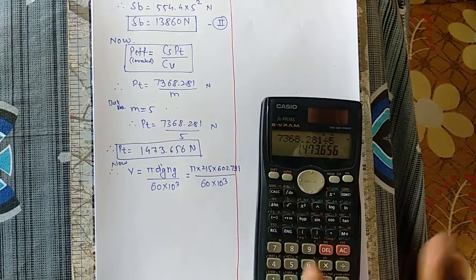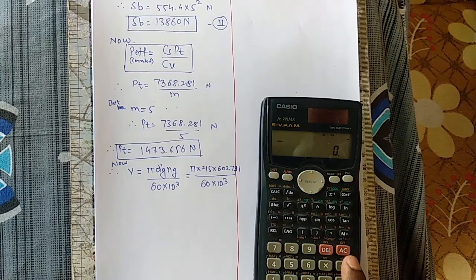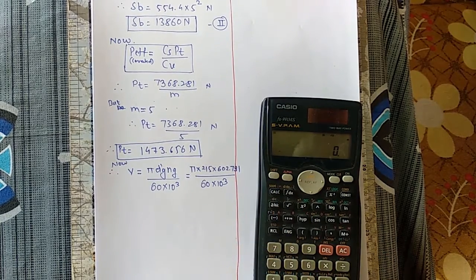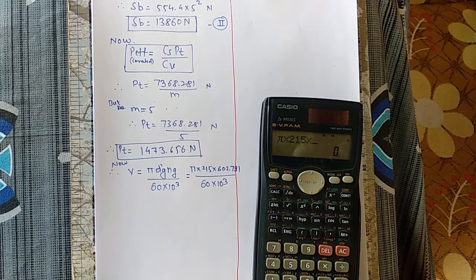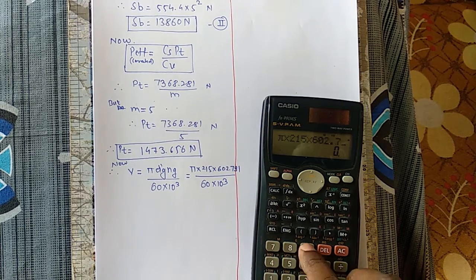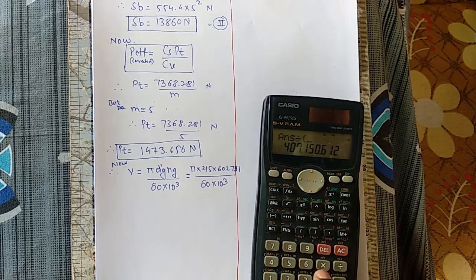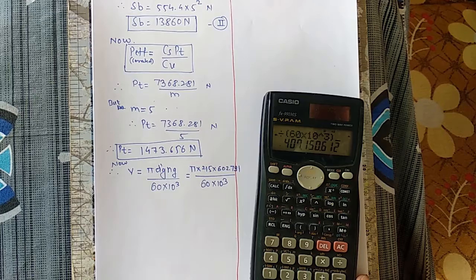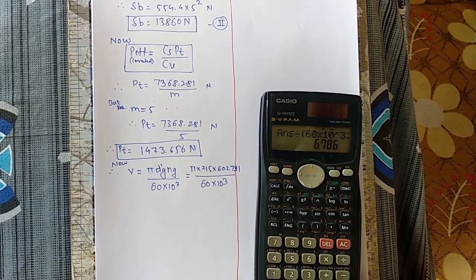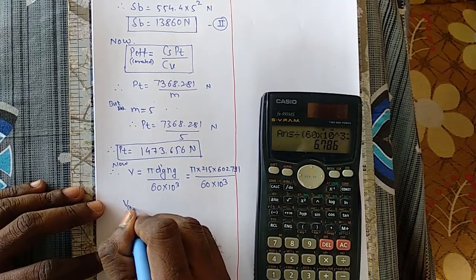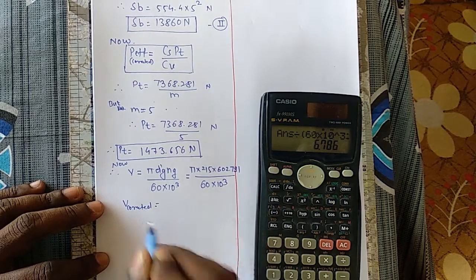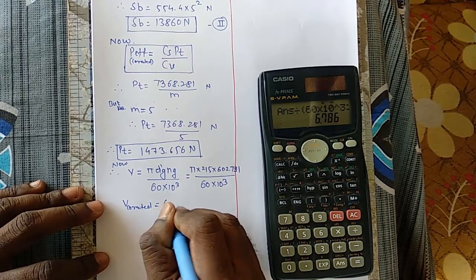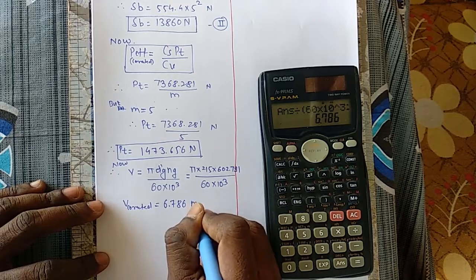So we'll be getting the corrected value of V. I will say pi into 215 into 602.791 divided by 60 into 10 raised to 3. So I got the corrected value of V as 6.786 meter per second.